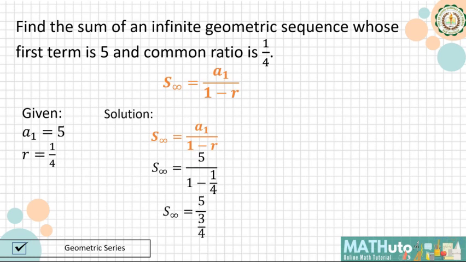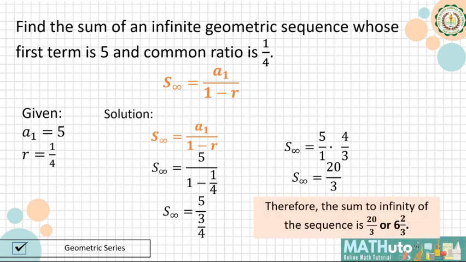Simplifying the denominator, we have 5 all over 3/4. And then simplifying again, we have sum to infinity is equal to 5 over 1 times 4/3, which is equal to 20 over 3. Therefore, the sum to infinity of the sequence is 20/3 or 6 and 2/3.